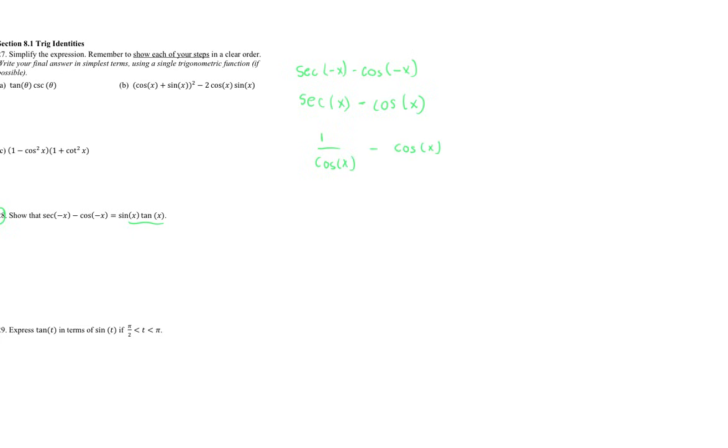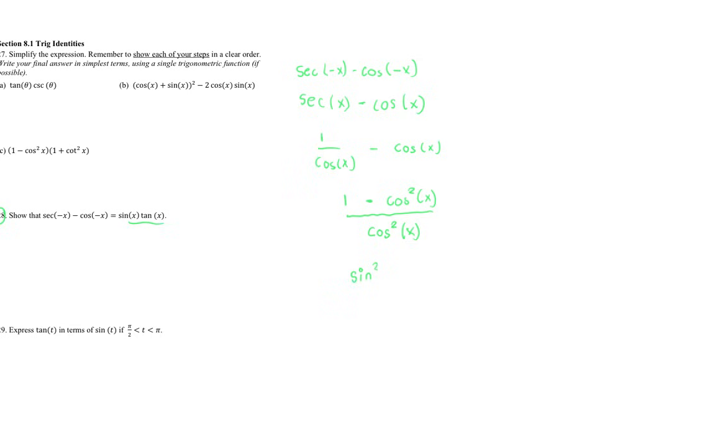We're going to go ahead and make a common denominator, so that gets us 1 minus cosine squared of x over cosine squared of x. The next thing we do is we know that 1 minus cosine squared of x is equal to sine squared of x.